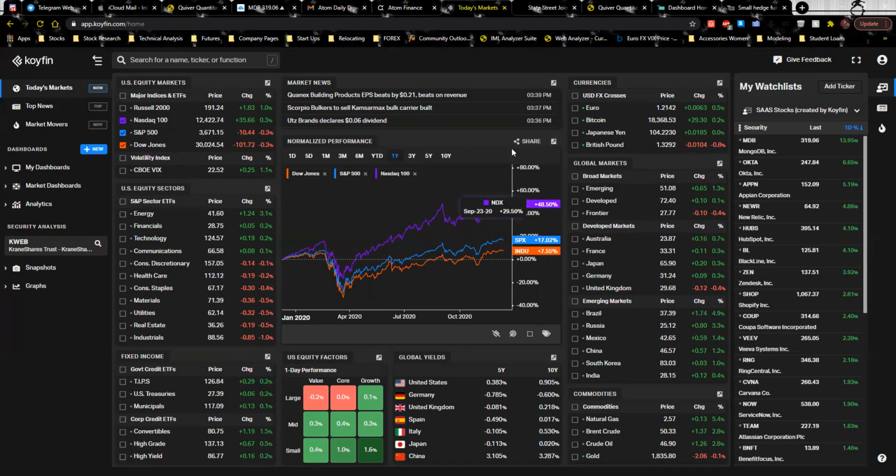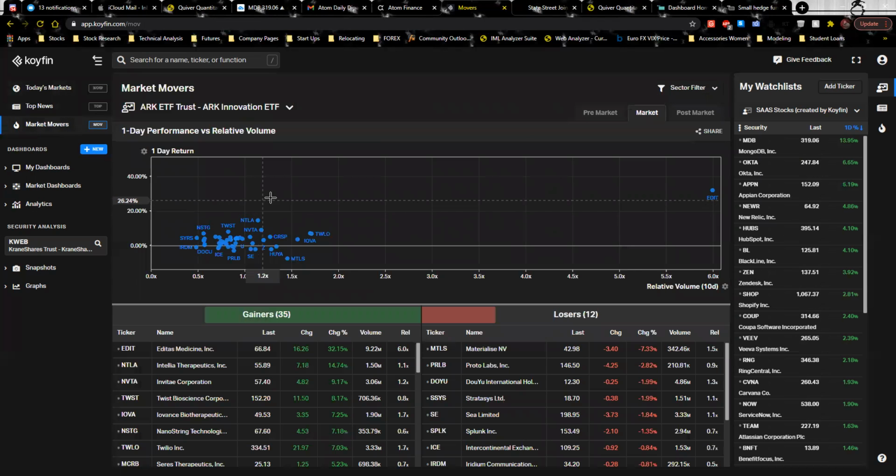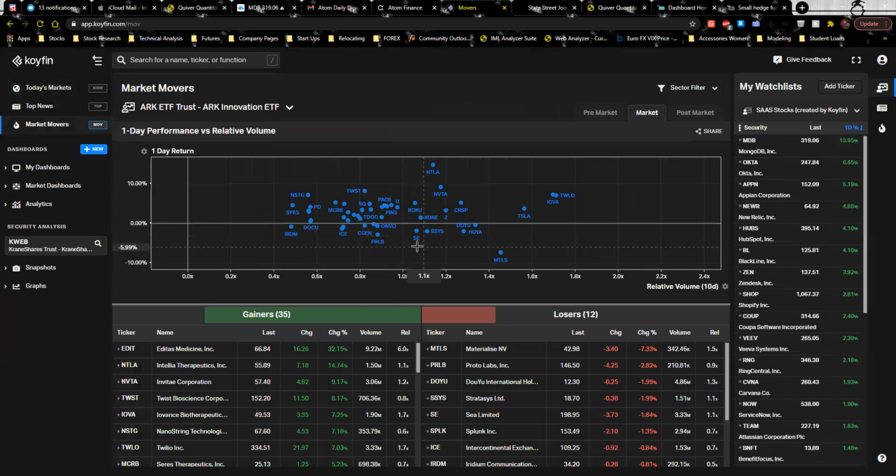I like the way they give me the visualization for this. It's a really dope site. I use it a lot, especially if I'm trying to look at the market movers because it gives me really good visualization. Right here I got ARC on there, right? ARC is showing me the 1 day return relative to the 10-day relative volume.